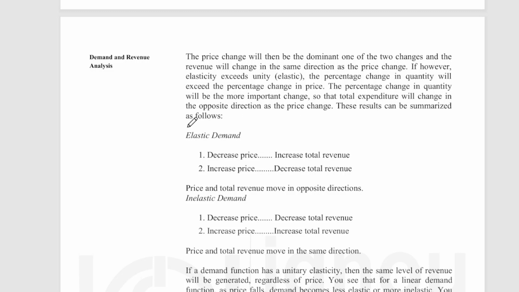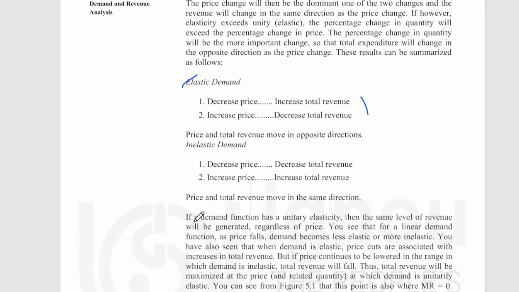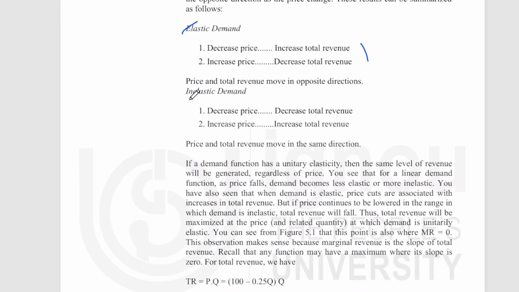This result can be summarized as follows: with elastic demand, decreased price increases total revenue, and increased price decreases total revenue. Price and total revenue move in opposite directions. With inelastic demand, decreased price decreases total revenue, and increased price increases total revenue.